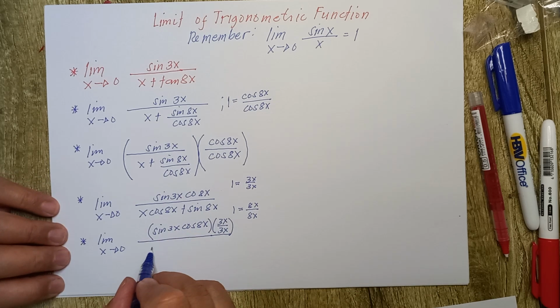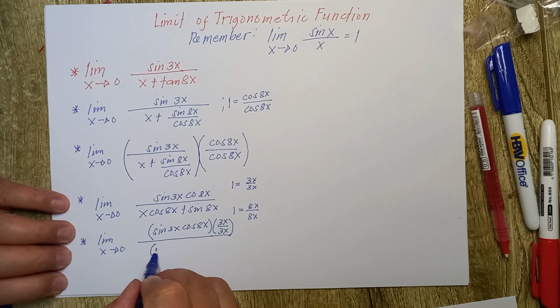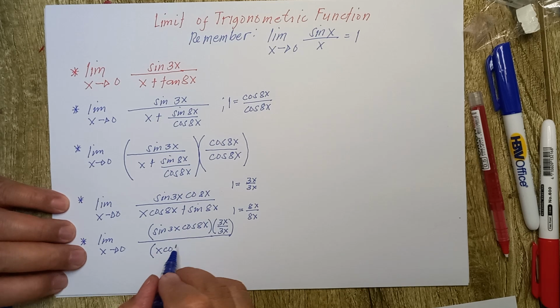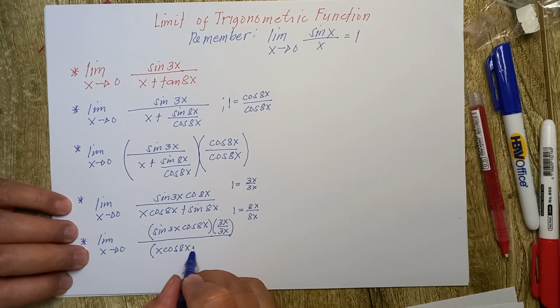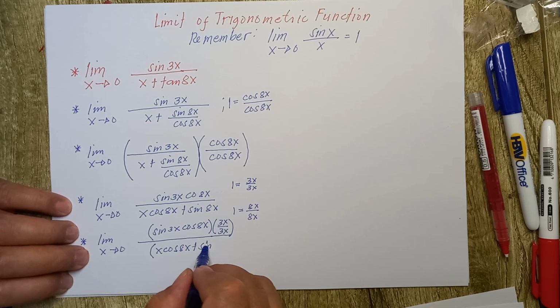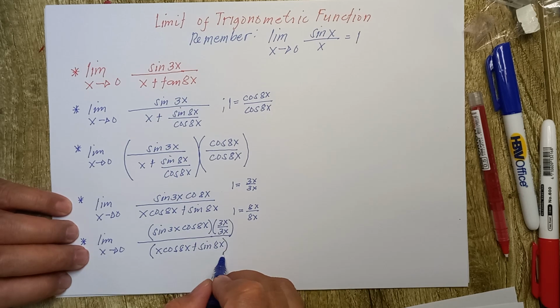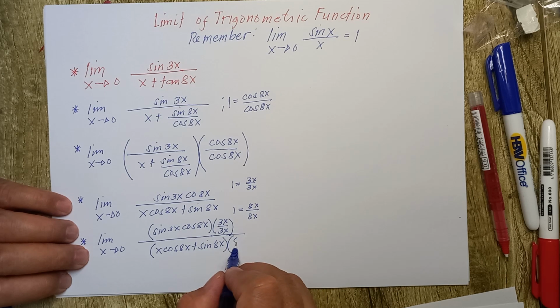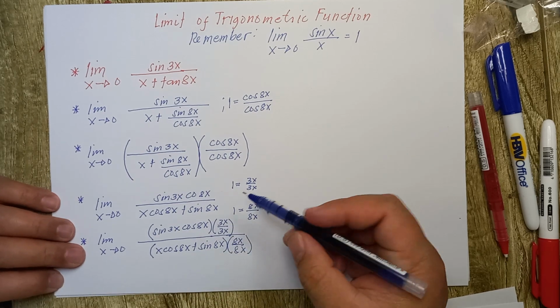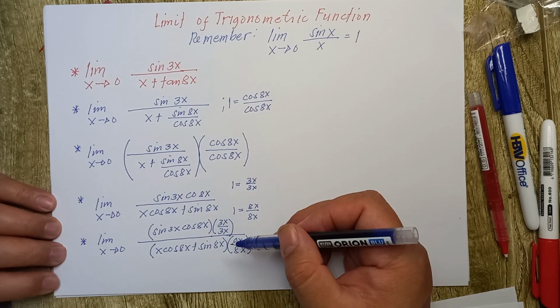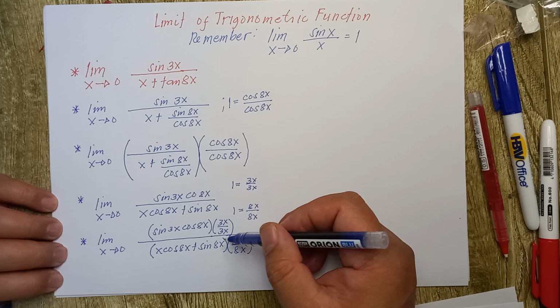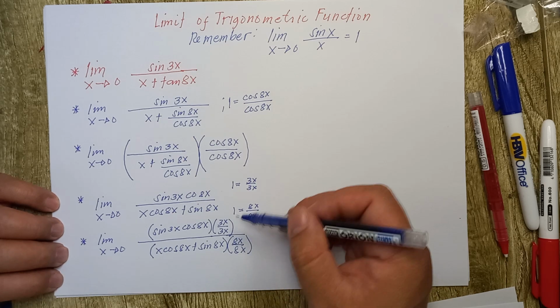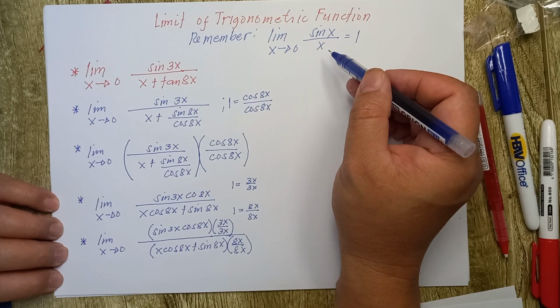That is the same. So we can have x cosine 8x plus sine 8x times, what's our multiplier? 8x over 8x. So again, so that we cannot be directed to any other, we cannot commit a mistake, our objective is this one, we follow this one.